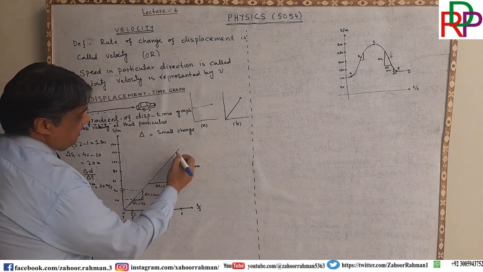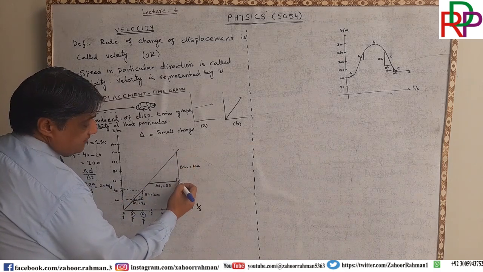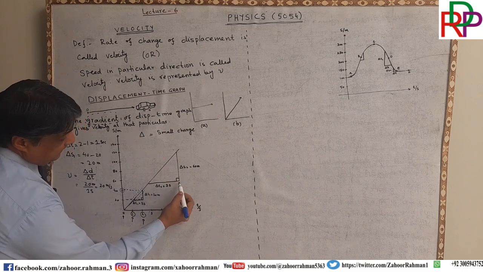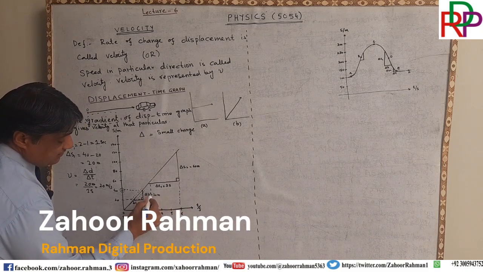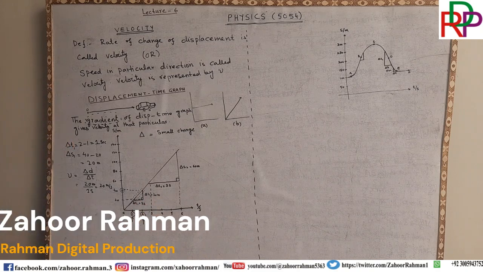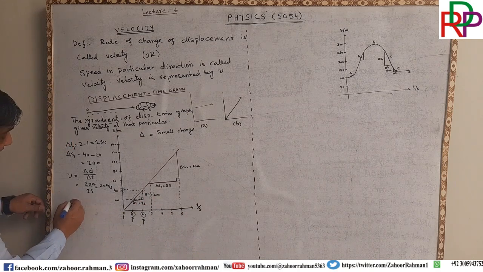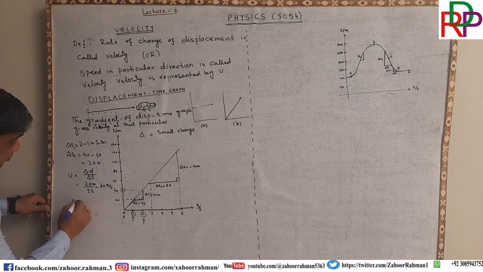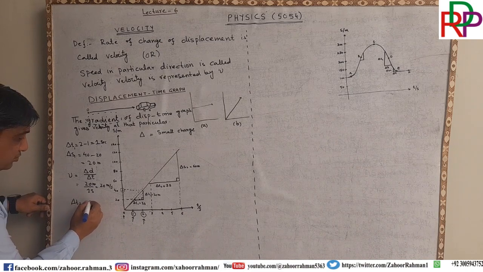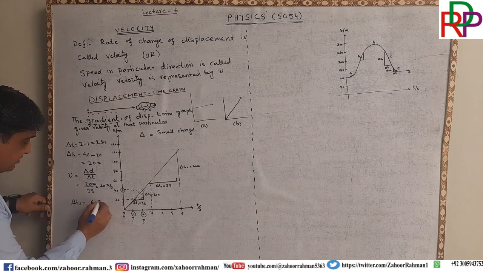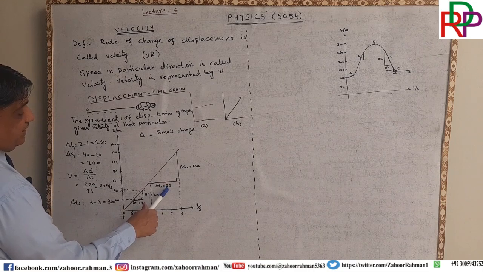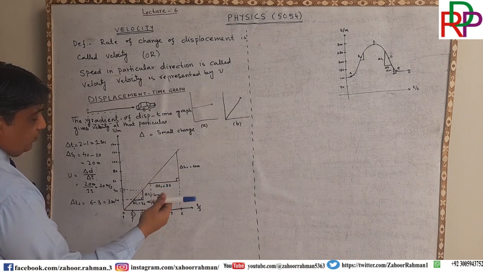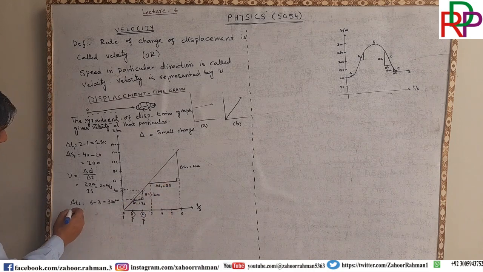Let us find it here. Here, if you see that the time change is this one, then delta t2 is equal to 6 minus 3, which is equal to 3 seconds, and it is written for you in advance. How we got this? I explained it.